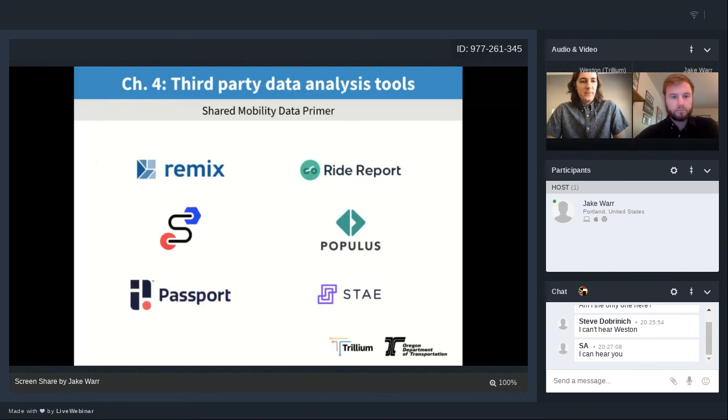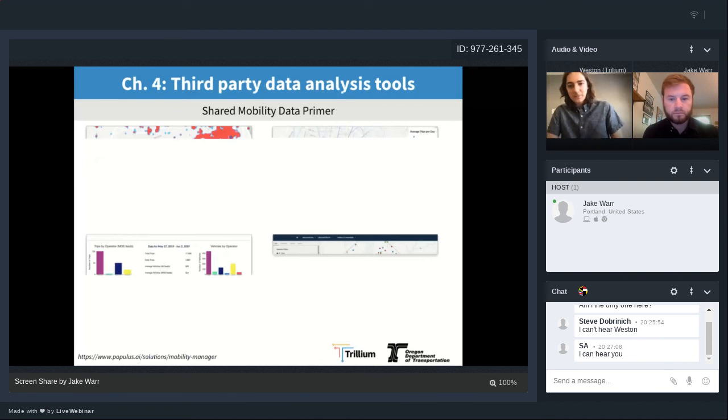And then in the primer, we provide jurisdictions with a snapshot list of what tools exist to help make sense of the kind of data that we're talking about in Chapter 4. These tools vary on price structure, their distinguishing features, level of support, and the DOTs and agencies that are currently using them. However, they do provide similar core functions, and we can see some examples of those functions here.